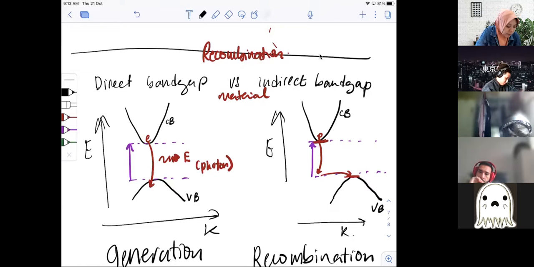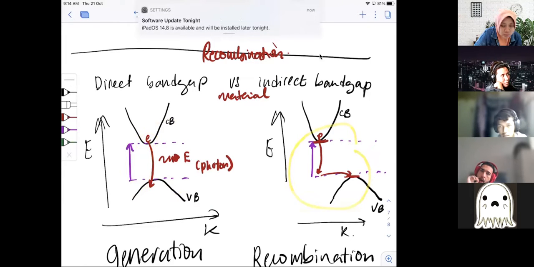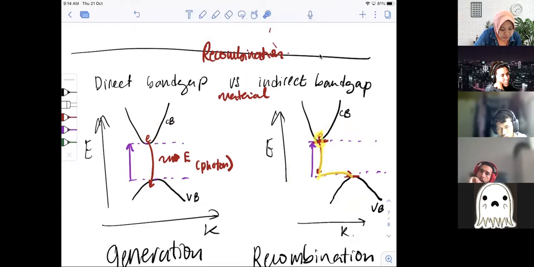For a direct band gap material, when there is any recombination occurring, the momentum doesn't change. So direct only releases energy, there's no change of momentum. But for indirect band gap, when there is a recombination, there will be a change of momentum. It has to go to here to go there. The consequence is that if you have recombination in an indirect band gap material, it will release energy as well, but the energy is in terms of phonon.